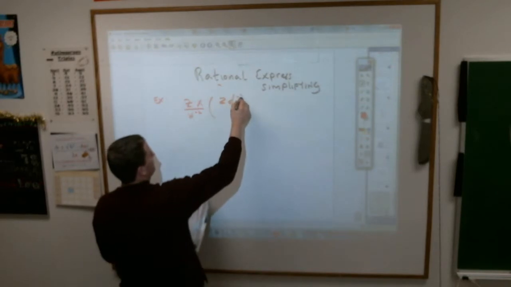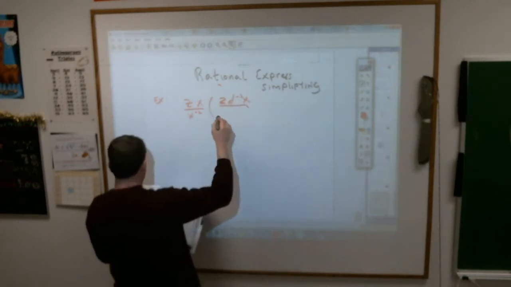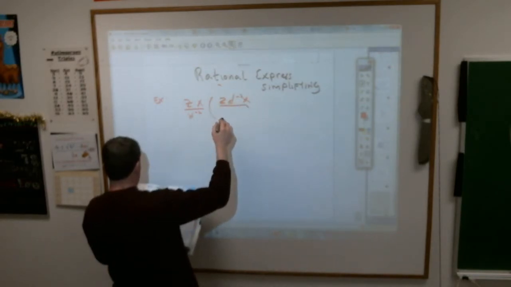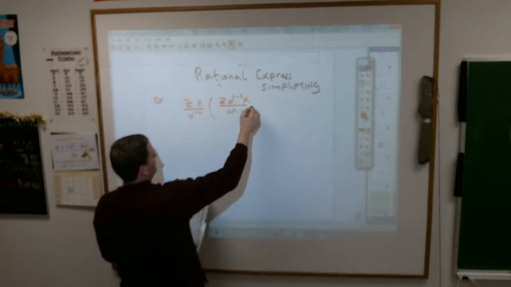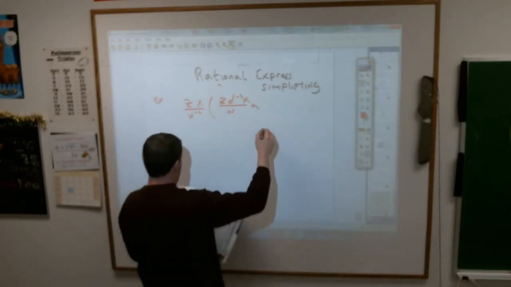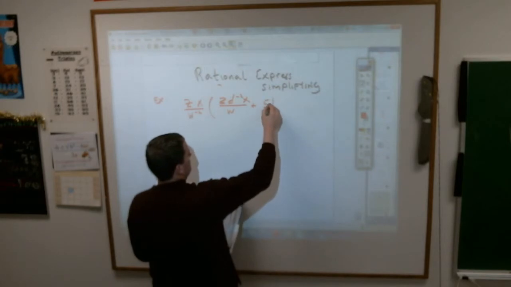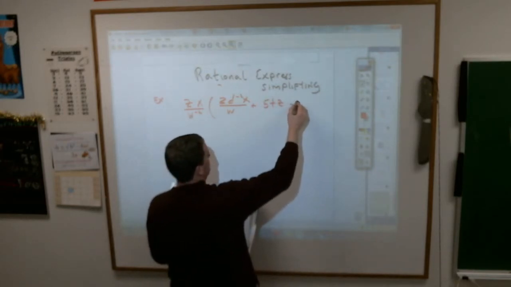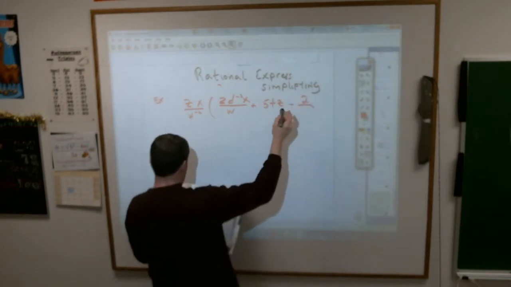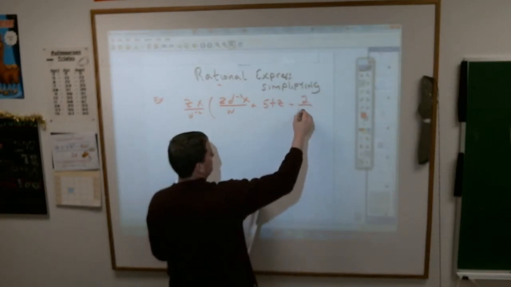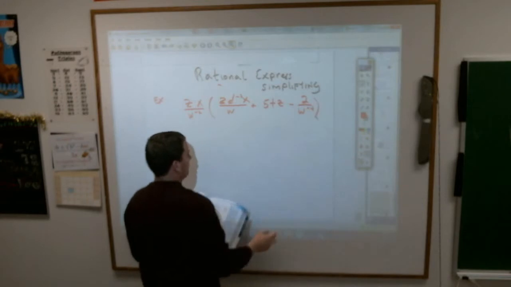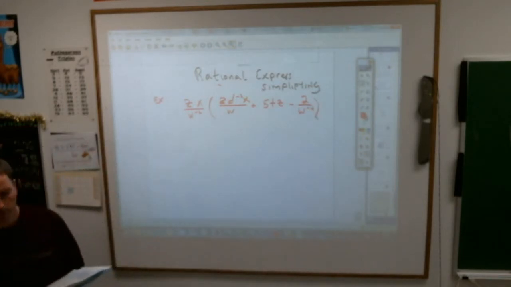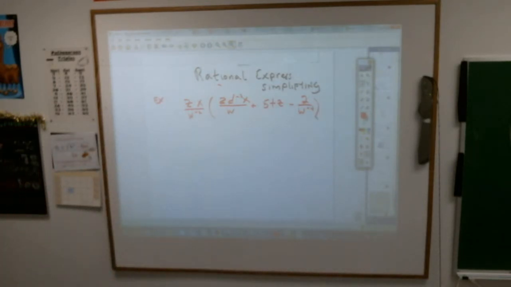Z, negative 2x over w, plus 5tz, minus 2 over w to the negative 4th power. I'll give you a chance to write that down here.